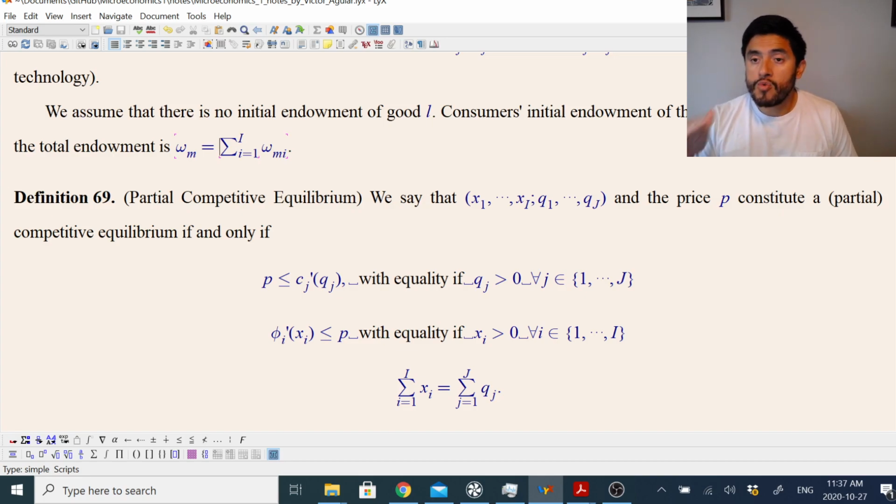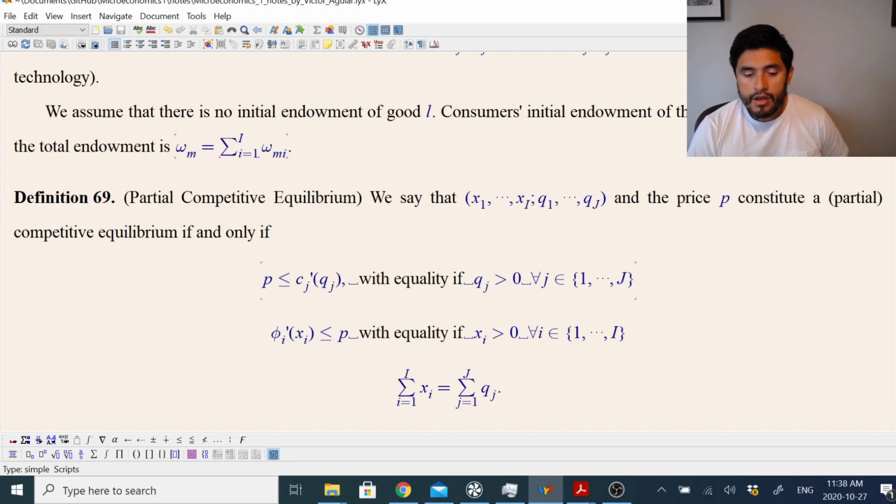We can check L-1 markets, and if they satisfy the conditions of the partial competitive equilibrium, then the final market is fine. So here we normalize the price of the numeraire market as 1. That is the market we're going to take out, and then we're going to only focus on the other goods. In particular, for the case of one good, it is going to be the market of X, the consumption good.